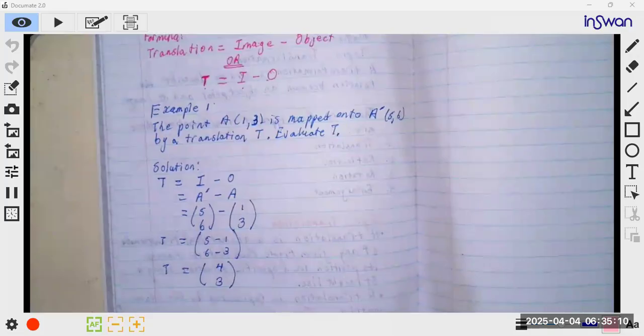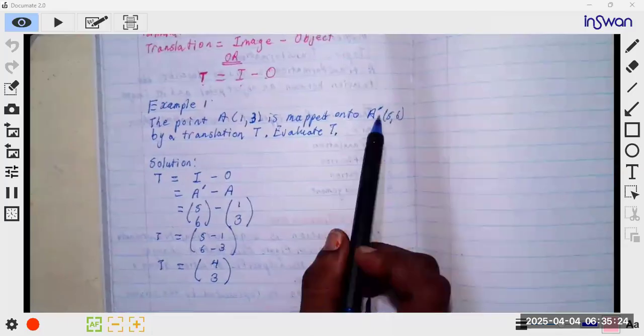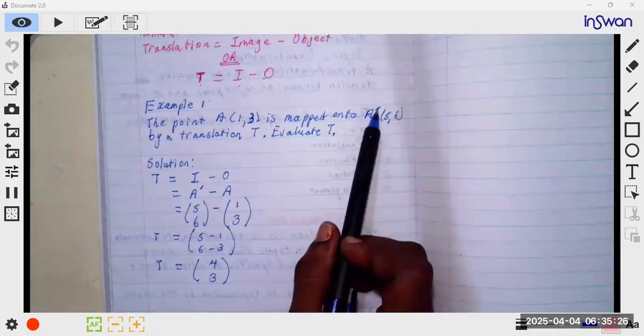Questions concerning that? Miss, could you explain it one more time because I didn't catch it the first time. All right. So here now, our image values are those that have the little tilde on top. So that is the image.